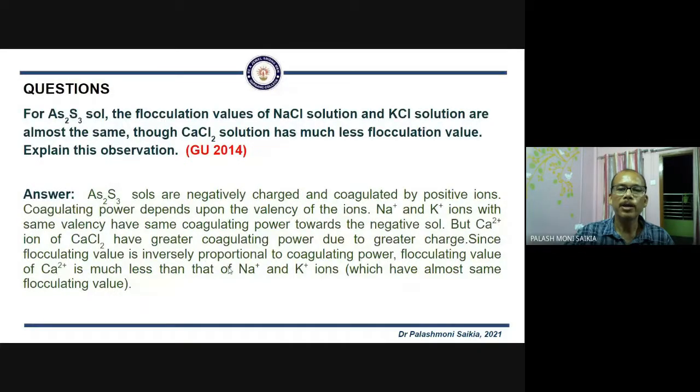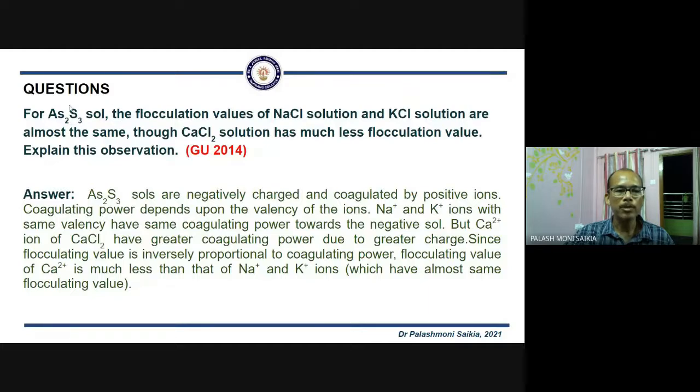Let us swiftly discuss a few questions asked in GU. That was asked in 2014. For arsenic sulfide sol, the flocculating values of NaCl and KCl are almost the same, though calcium chloride has a much lower flocculating value.